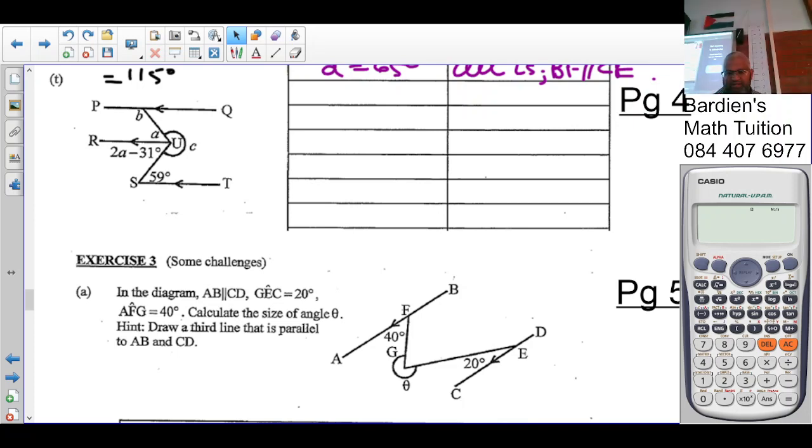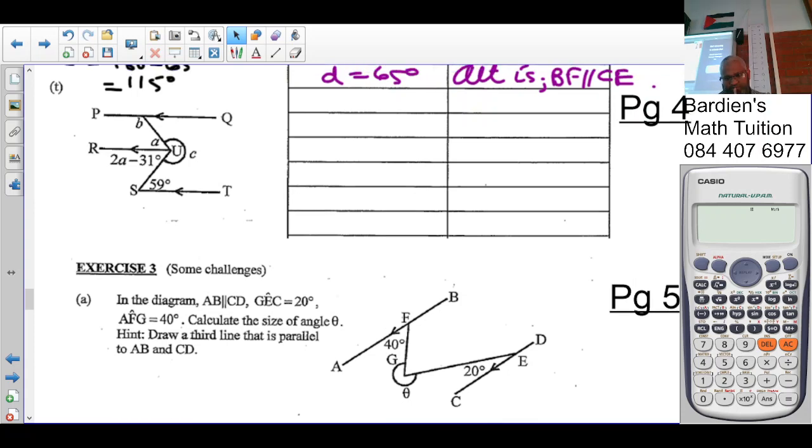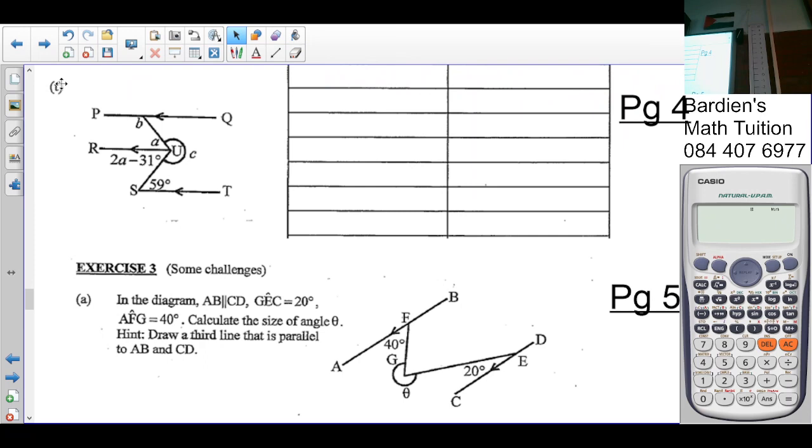I'll pause the video again at this point. Okay, so let's look at T. What can be calculated first? A. 2a minus 31 is alternate to 59. So 2a minus 31 is equal to 59. Why?